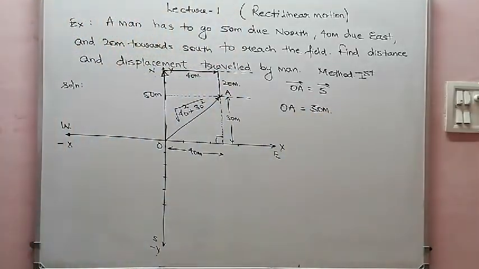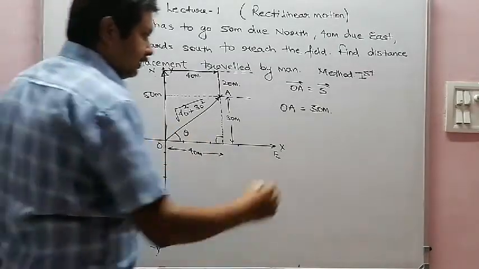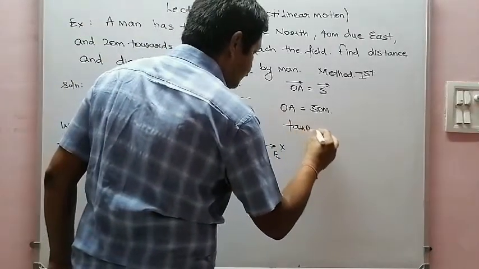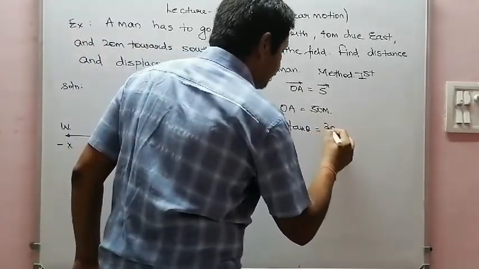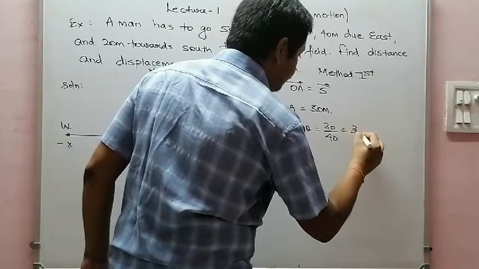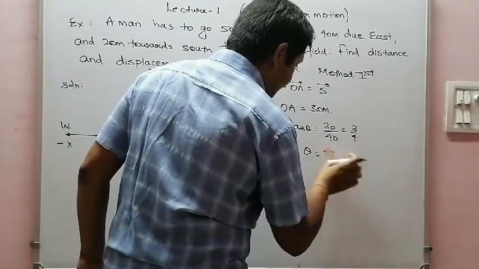Now for direction, let this angle be theta. Tan theta in this triangle is perpendicular by base, that is 30 by 40, that is 3 by 4. So theta becomes 37 degree.